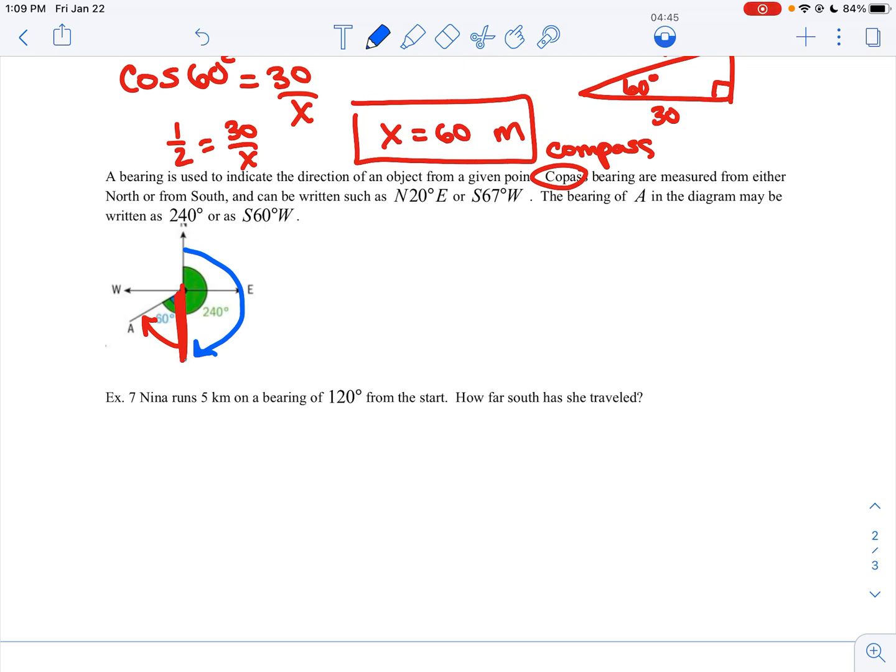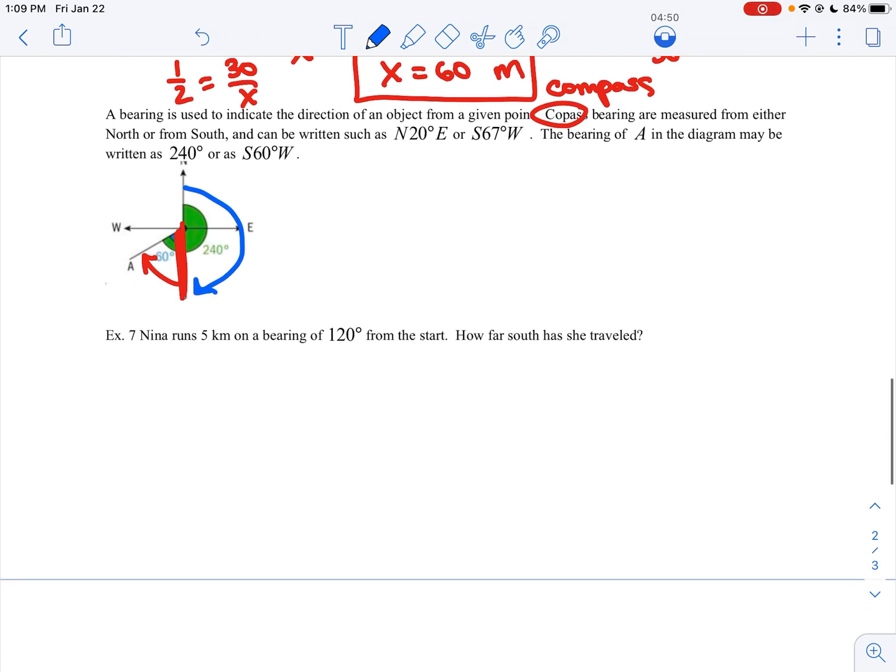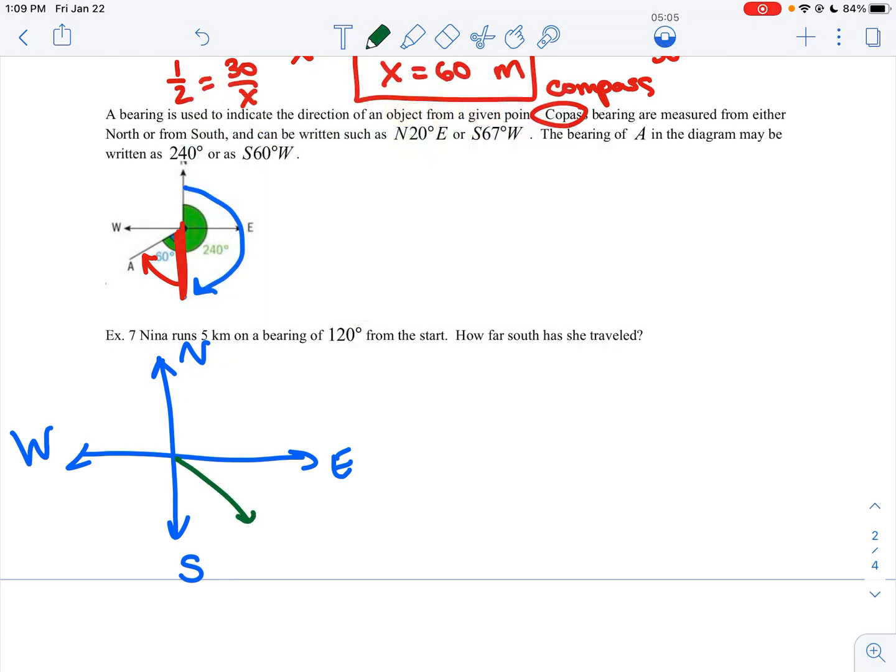So example 7 says, Nina runs 5 kilometers on a bearing of 120 degrees from the start. So this is going to go north, east, south, west. And if you go 120 degrees, that's 90 plus 30, so I know this is counterintuitive.